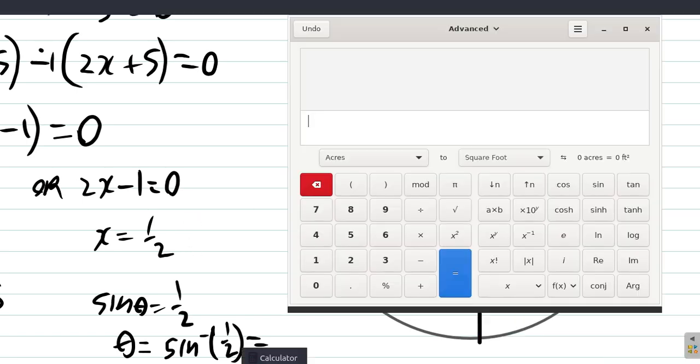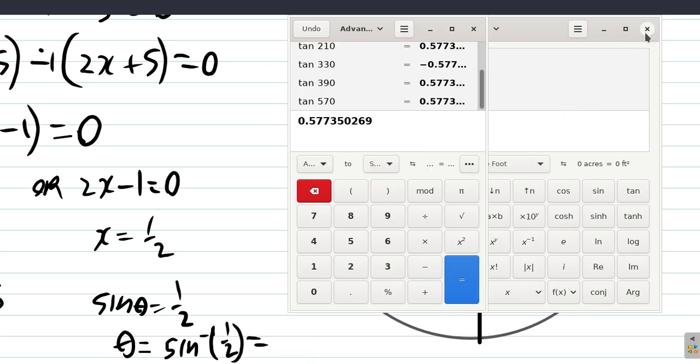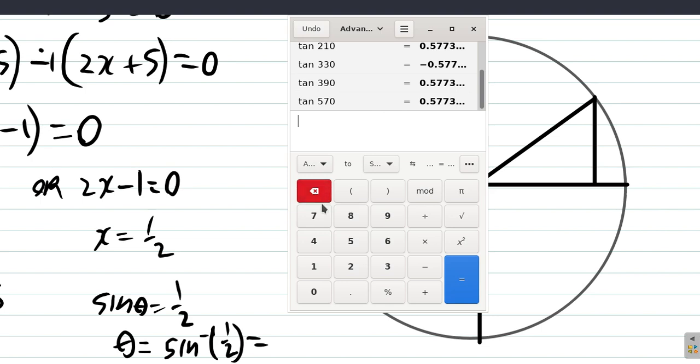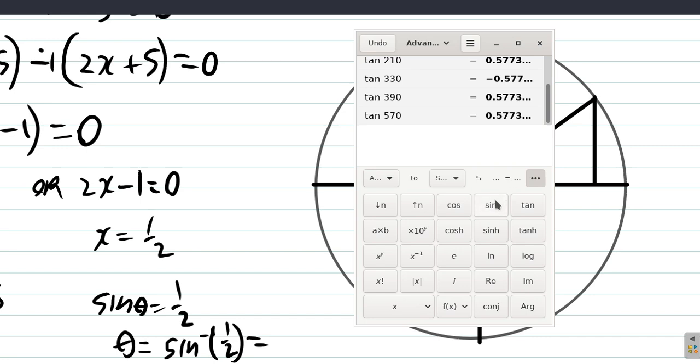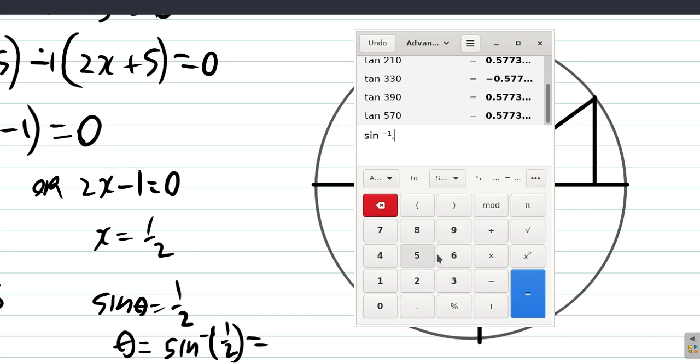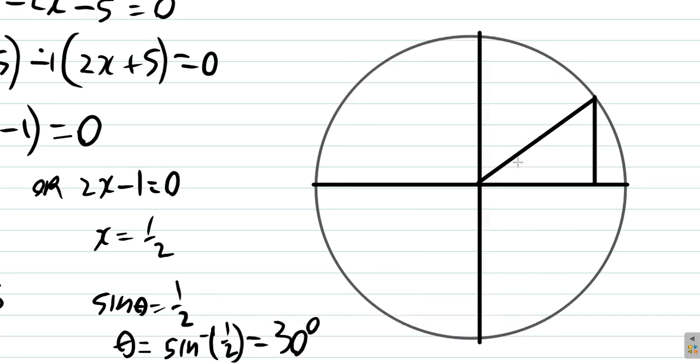Or if you're working in radians, you would put your calculator in radian mode. I don't see any way to put my calculator here in radian mode. But anyway, we find the inverse sine of 0.5 gives us 30 degrees. So this angle is 30 degrees.